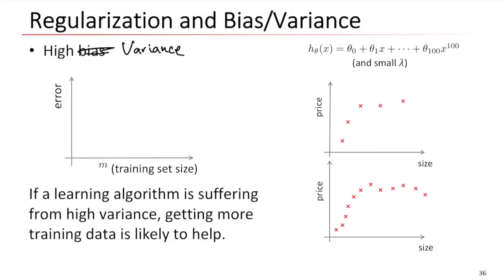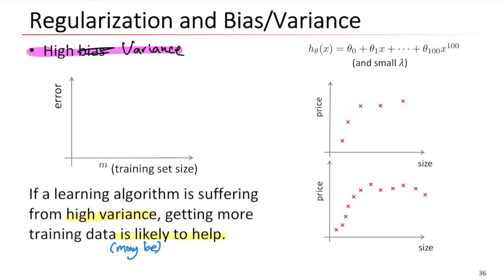Another problem, the high variance problem. If our learning algorithm is suffering from high variance, getting more training data is likely to help. Let's say maybe help, because it does not necessarily mean that.